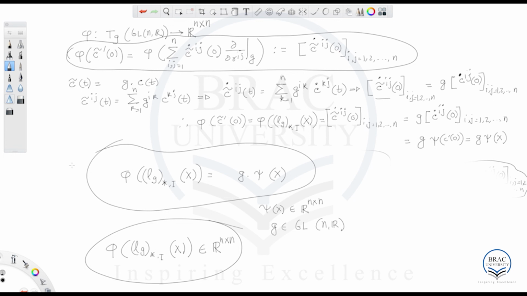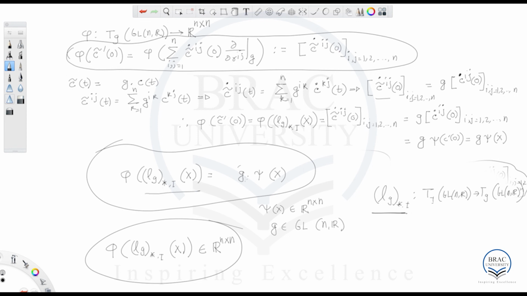Okay, so that's what we wanted to show. We want to show that this map L_g star I, as a map between two tangent spaces, T_I of GL(n, R) to T_g GL(n, R), is given by left multiplication again, which is the case here.